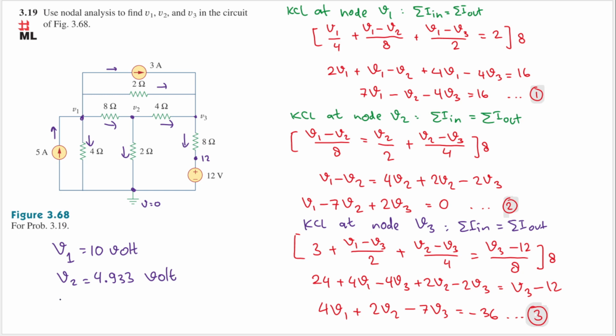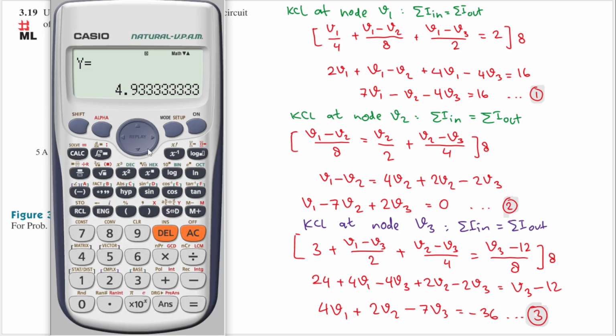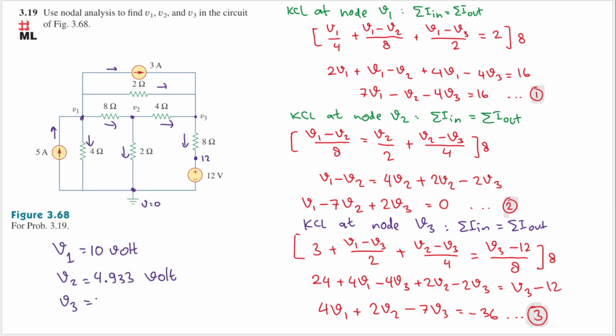Good. And what is V3? V3 is, okay, that's also not a nice number. 12.267. 12.267 volt. And I think this is the final answer for this question.